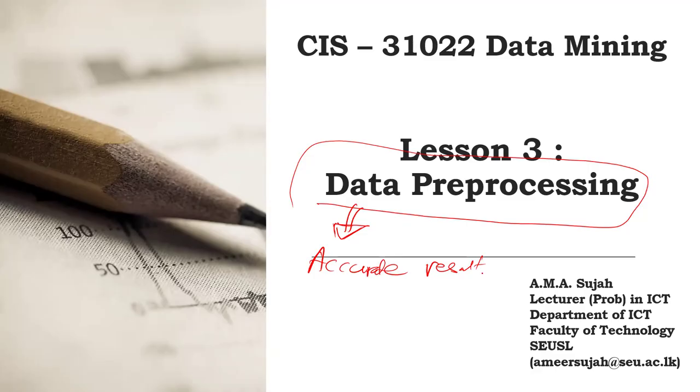I will give an example. Just imagine you are developing an IoT module to sense the temperature and humidity. These are the 2 parameters you're capturing using an IoT module.